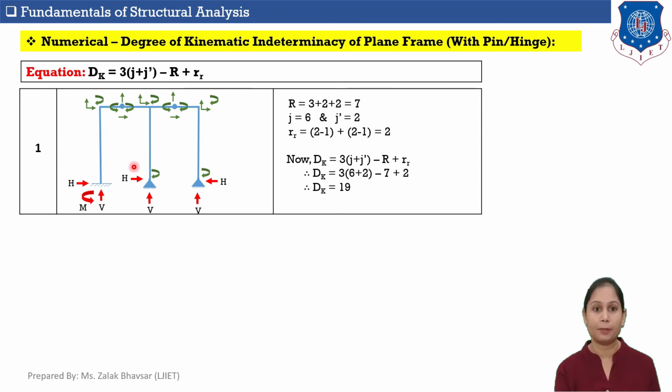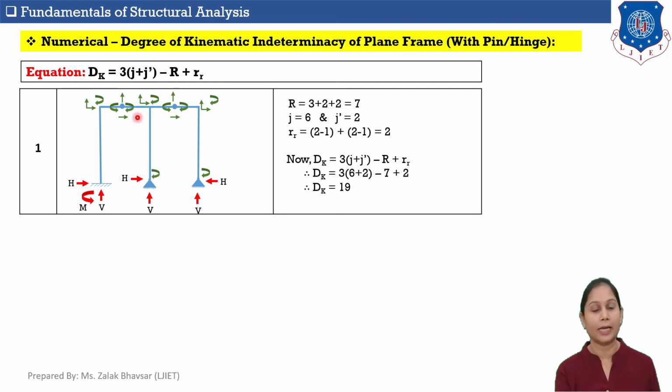So possible displacements for the internal joints will be 3 plus 3 plus 3, 9. So 9 for the internal joints and 2 displacements possible for each hinge support. Okay, so 9 plus 2, 11 displacements, and in case of pin, total possible displacements are 4.